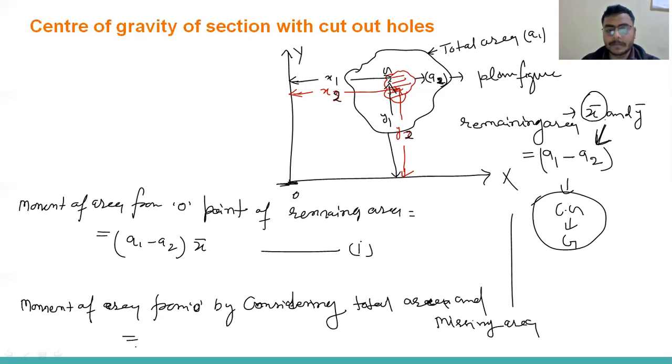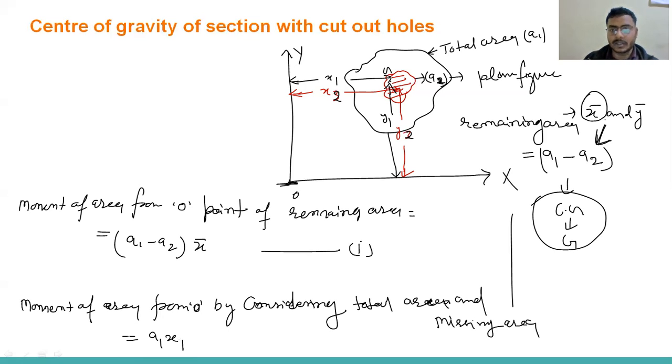What can we write? Tell me. See, we have to write the moment of area about this point. If I'm writing like this, A1 into X1, by considering A1 is the total area, so for the total area we can write A1 into X1. But see, that is not correct. Now we have to calculate the moment of area for the remaining portion.